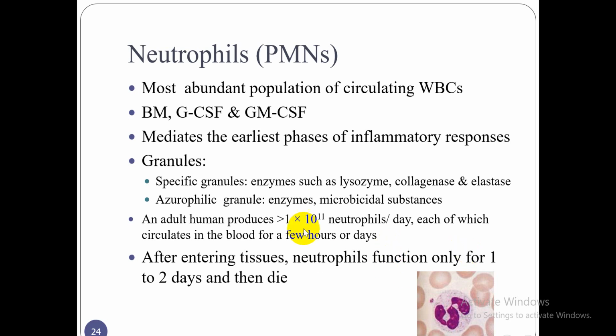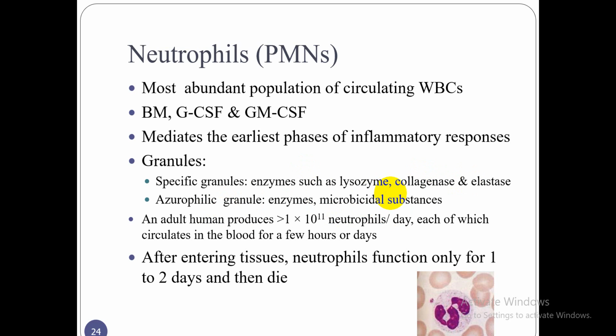These granules contain enzymes such as lysozyme, collagenase, and elastase, and also some other kind of granules which contain microbicidal substances.